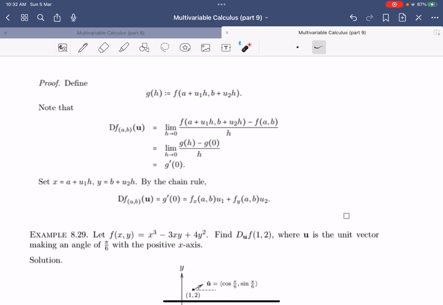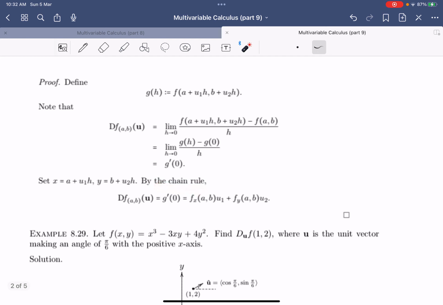Now we let x equal this and y equal that. By the chain rule, the derivative equals fx times u1, because you differentiate this with respect to h and get u1, and we differentiate this with respect to h and get u2, and so you multiply them and you get the following.